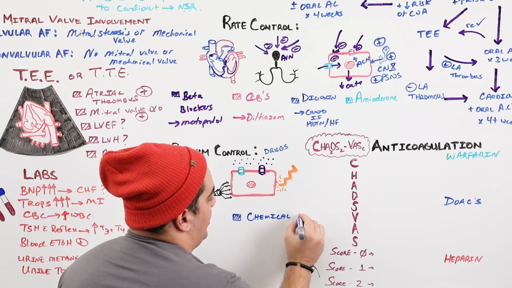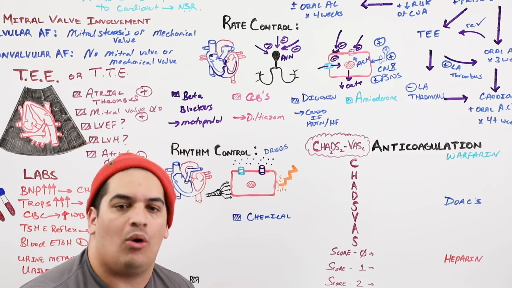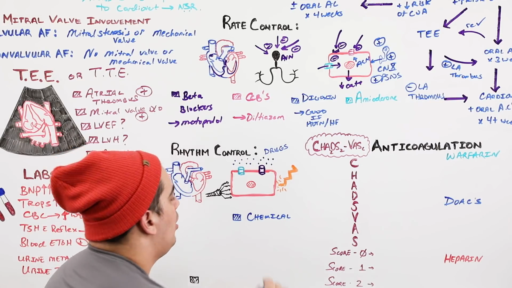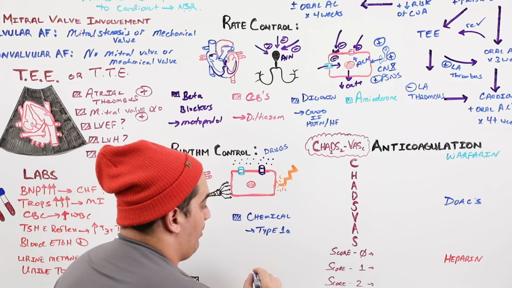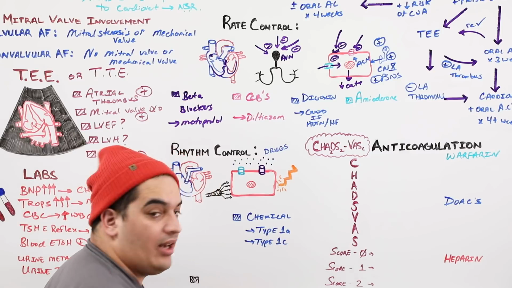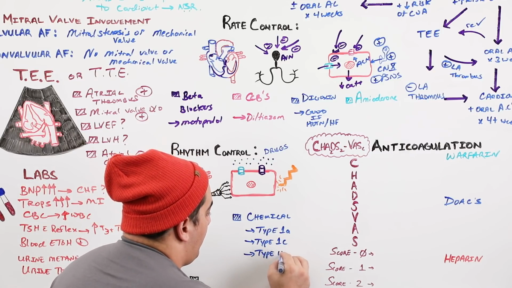And my gosh, there are so many different types of chemicals that we can use. We are not going to list them all. We'll have a separate lecture that focuses on all of these antiarrhythmic agents. But you have different drugs like type 1A, like procainamide. You have drugs like type 1C, like flecainide and propafenone. You have drugs like type 3, okay?